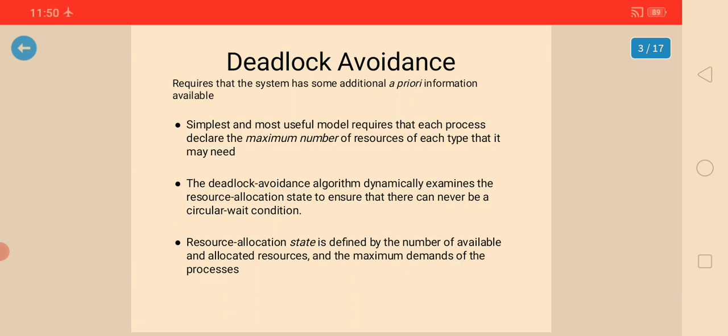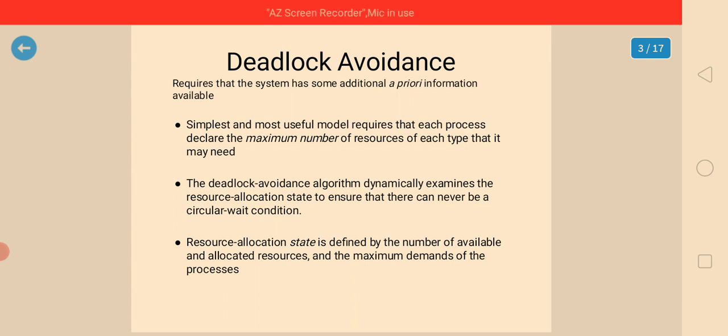Second point: the deadlock avoidance algorithm dynamically examines the resource allocation state to ensure that there can never be a circular wait condition.